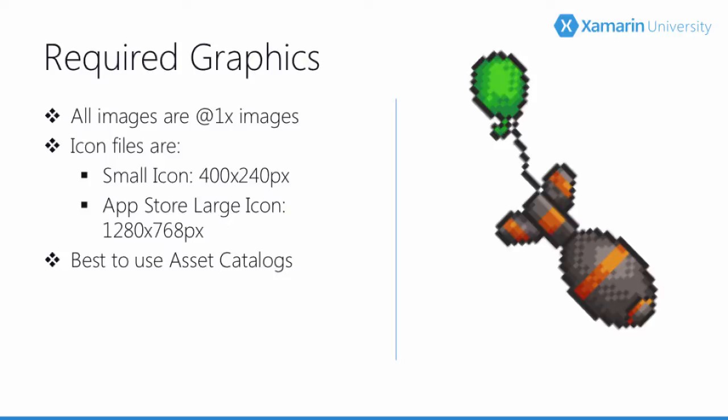Now, icons are also something very different for tvOS, and while we've been dealing with Retina images in the mobile space for many years, all the images for tvOS are just the single standard size. Like other mobile apps, it's actually best to use asset catalogs to manage your images when you're dealing with graphics. But there's also an awesome new feature in tvOS when dealing with icons, and that's something called layered icons.